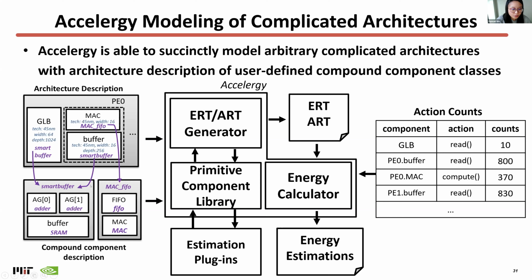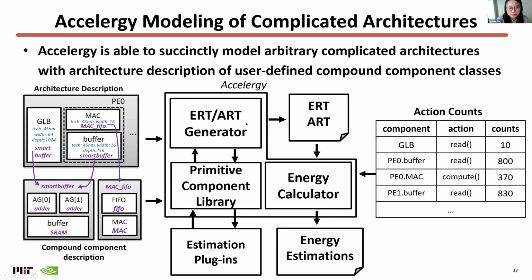So if you don't have the definition of these compound component class descriptions, you will have a very cluttered architecture description. However, in this way, with the architecture description and compound component description, the architecture will look much more succinct, and also the compound component description can be used across different components, and the reusability is very high also across different architectures.